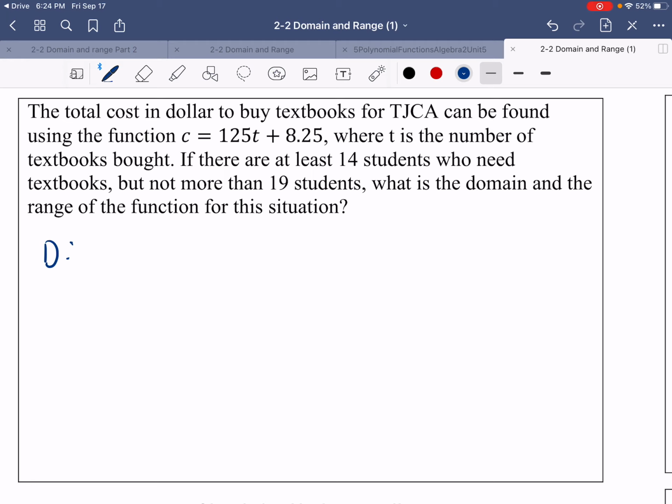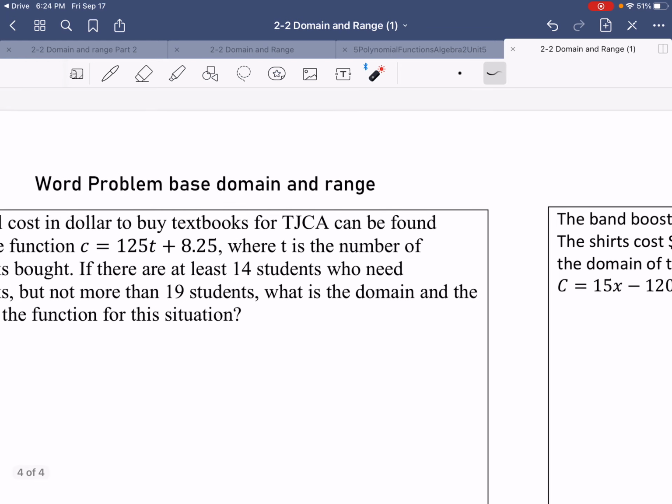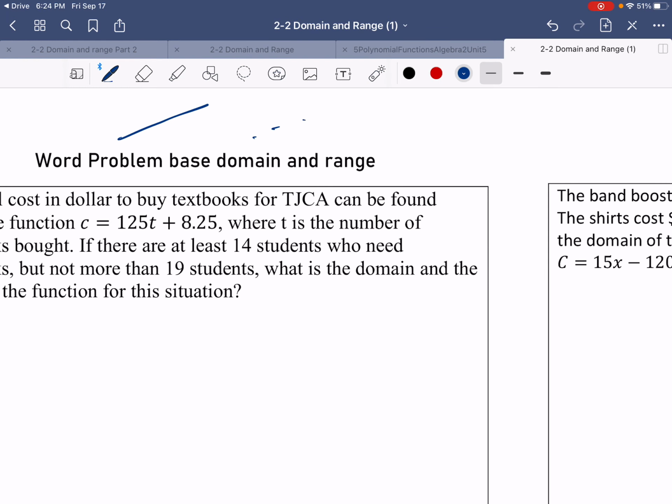Let's find the domain first. Domain is T, like X values, in this case T, right? And there are how many students? At least 14 students and a maximum of 19 students in the class. And we need one textbook for each one. Now we have to figure out whether this one is discrete or continuous, which means whether this one is a line or a point.